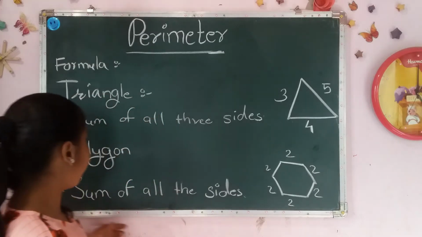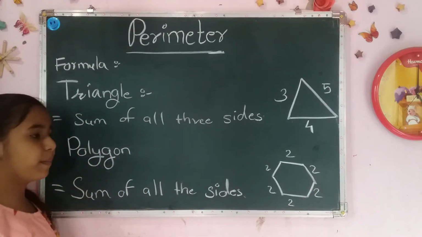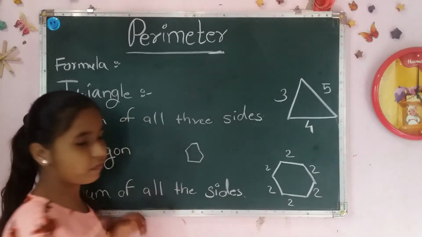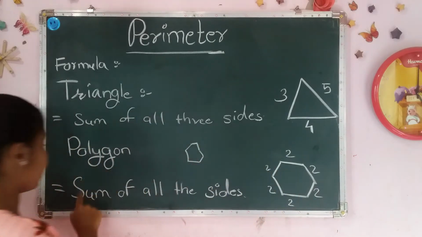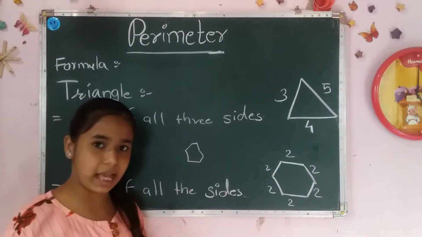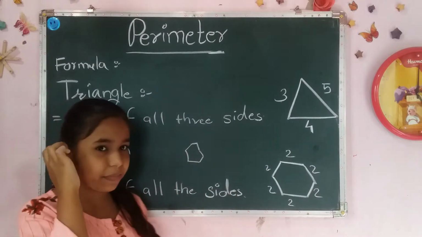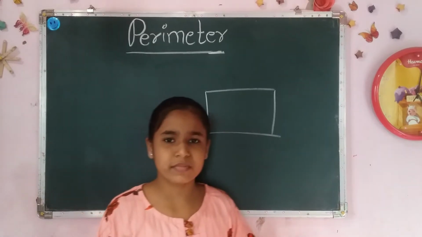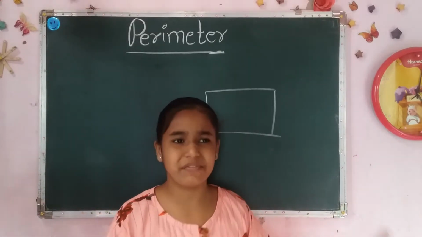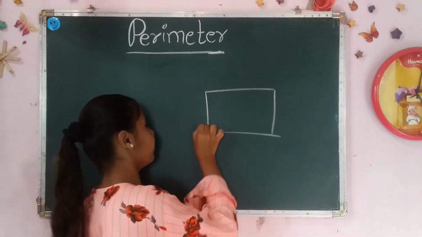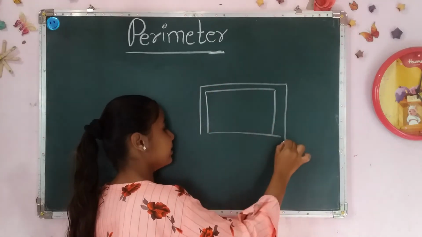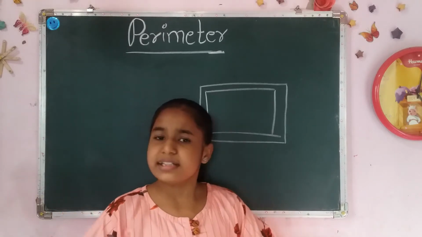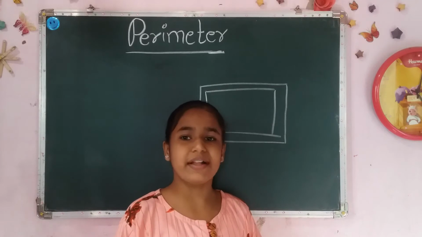Now the formula of a polygon. A polygon may have any number of sides and corners, so we only have to add all the sides. The sum of all the sides is the perimeter. Understand? Let's solve some exercises on the perimeter.